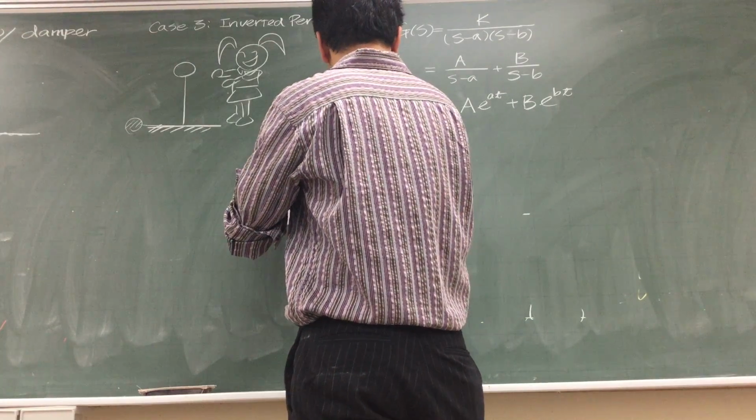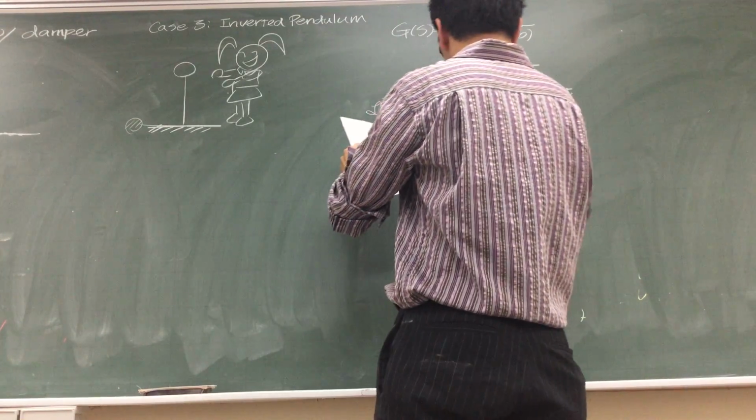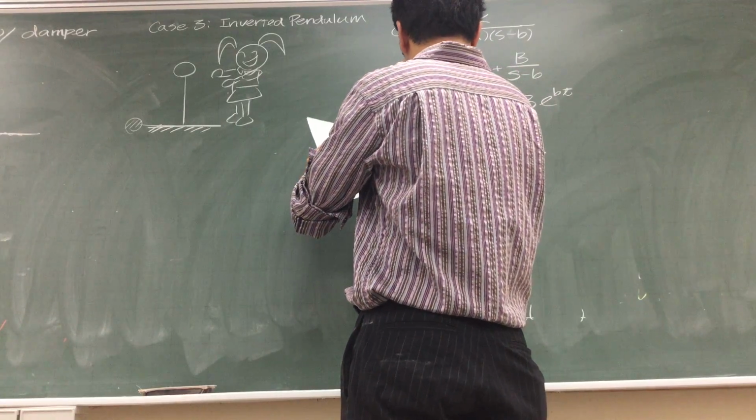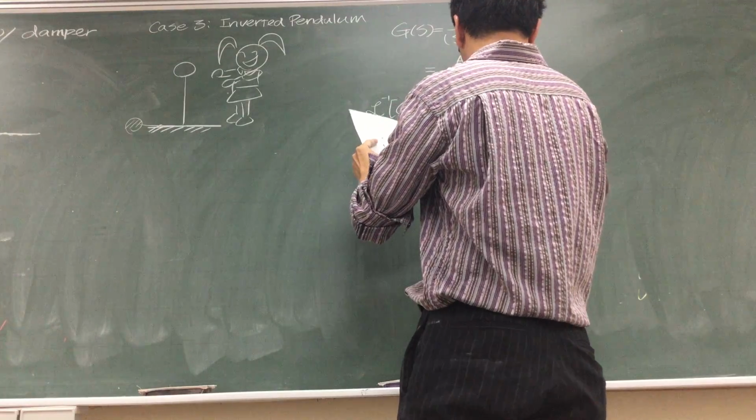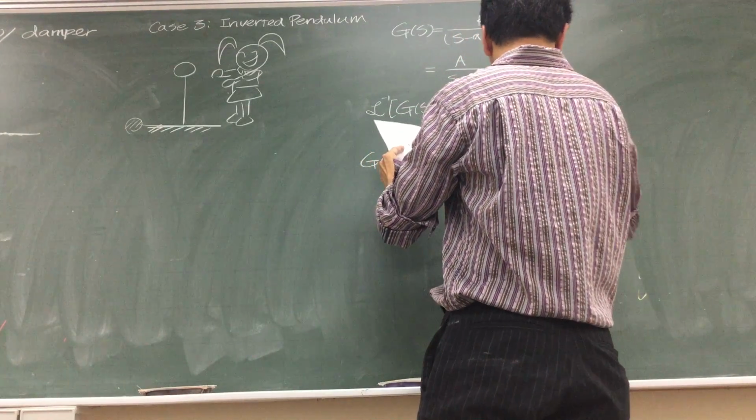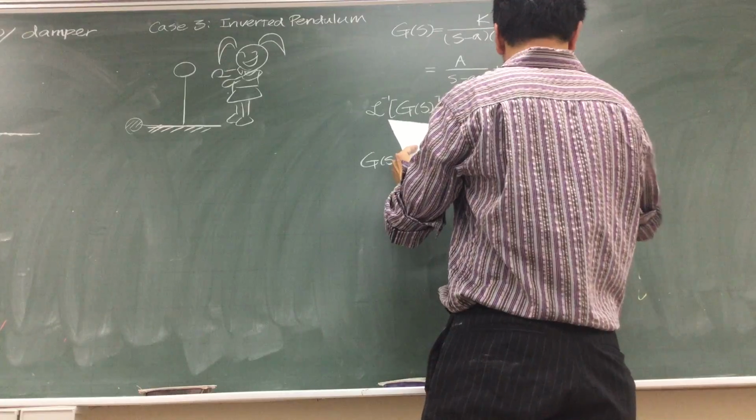G of S equals K over S minus rho plus J omega, S plus rho minus J omega.